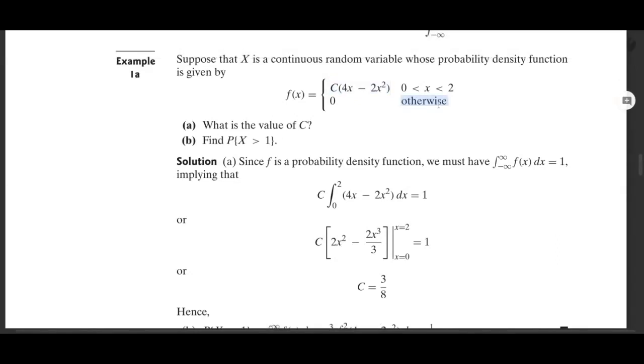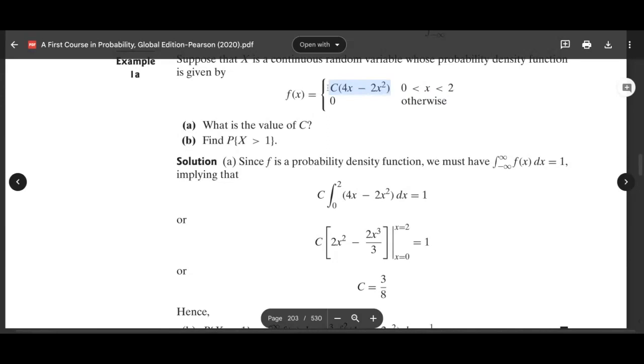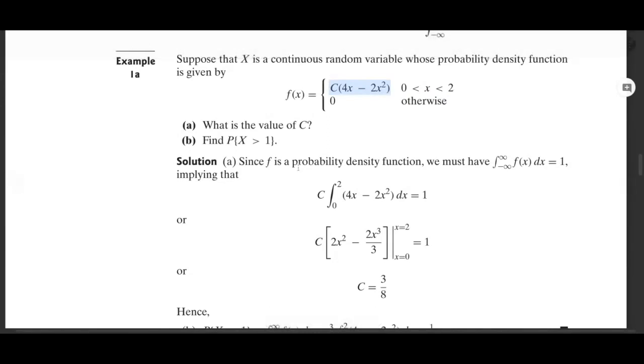And if you go out of the interval 0 up to 2, it's just 0. So basically, this probability density function is defined on the interval from 0 to 2, and it acts like a downward parabola. So now, what is the value of C?